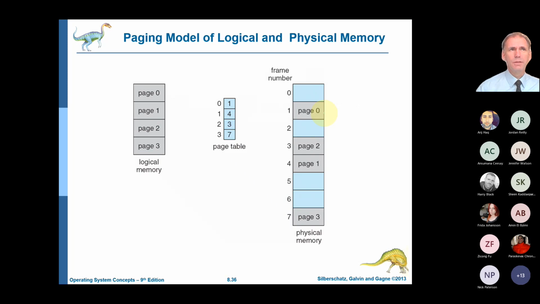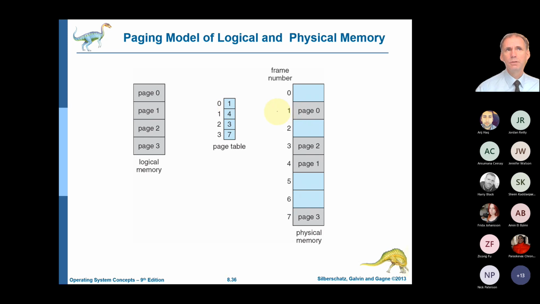So we end up with something like this. Logical memory, multiple pages. We have a page table where we store each page. So the pages will just be in order, 0, 1, 2, 3. And then that will then point to the frame in memory. So page 0, and our page table says that's in frame 1.